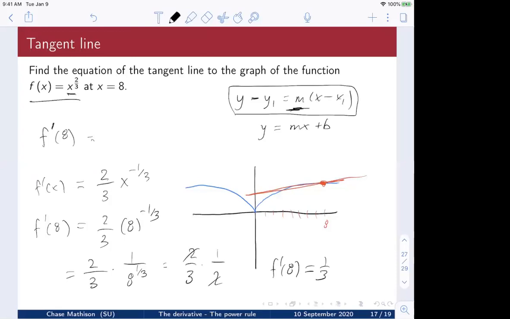Looking at my graph, what's the x coordinate going to be of the point on the line? 8, perfect. So I just need the point 8, f of 8, right? That point is going to be on the line. So what is f of 8?